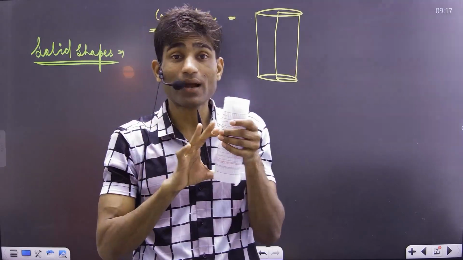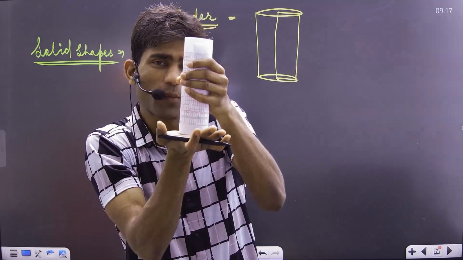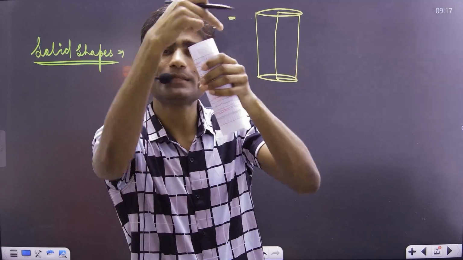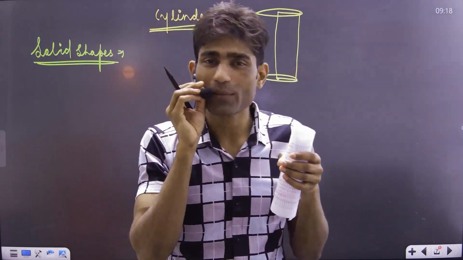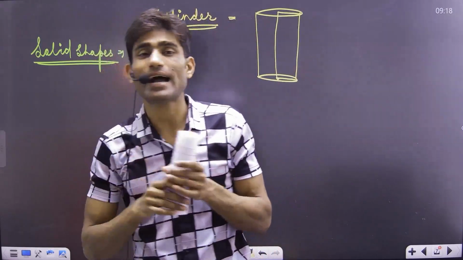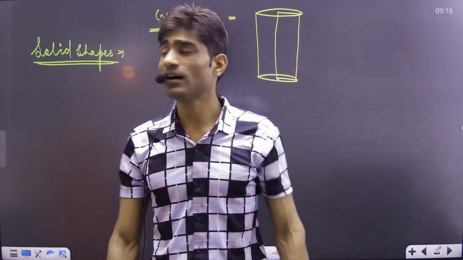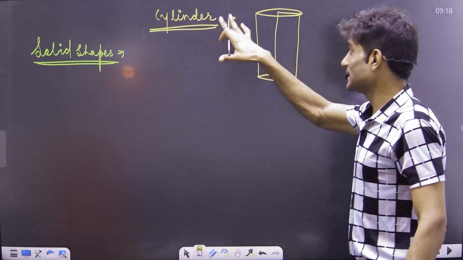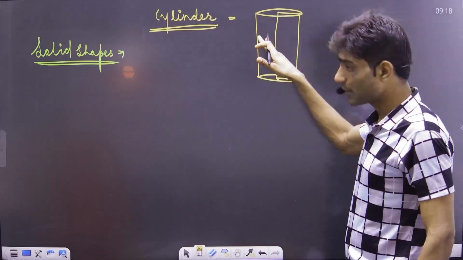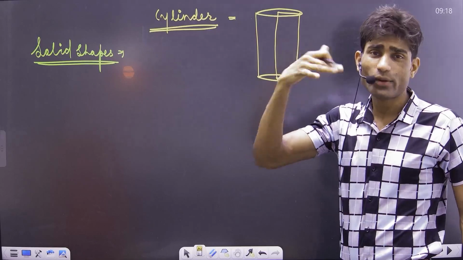Total surface area means the area of the top, the area of the bottom, plus the area of the curved or lateral surface. So all of these come under total surface area, curved surface area, lateral surface area, and volume of our cylinder.